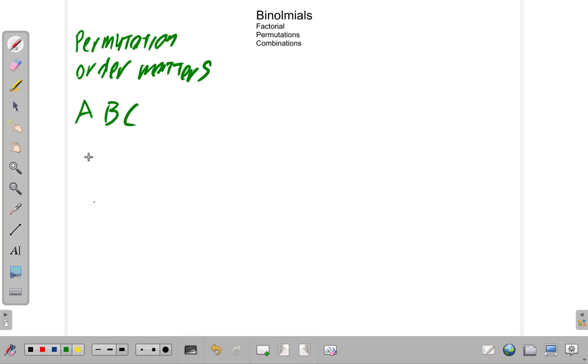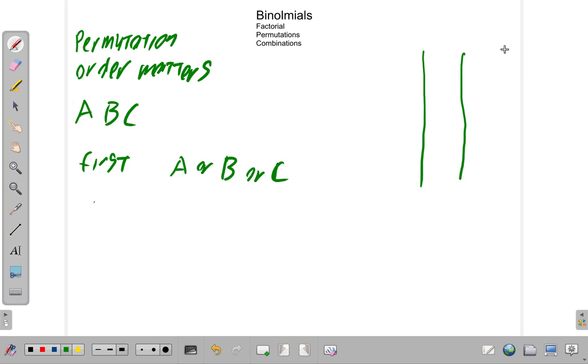What you could do is see how many ways you can put the first letter. The first letter, you can have A, or you can put B, or you can put C. Suppose I want to arrange them in this table here. And I put A first. Now, there are only 2 letters left.